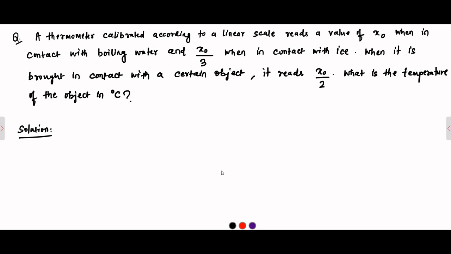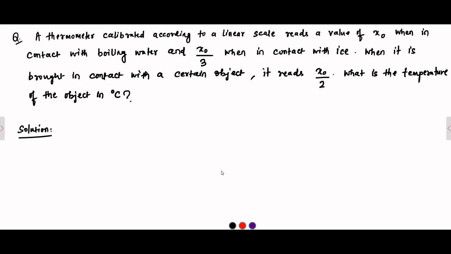It is given that a random thermometer is calibrated according to a linear scale. The scale is unknown, which scale it is.